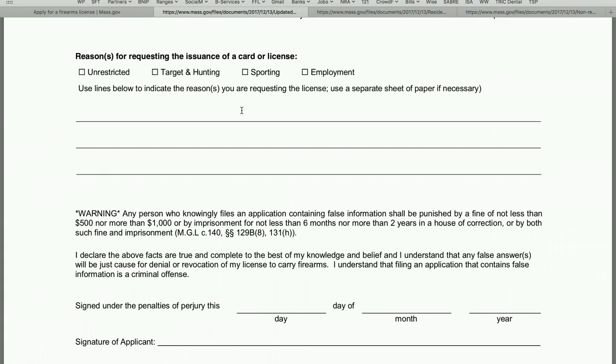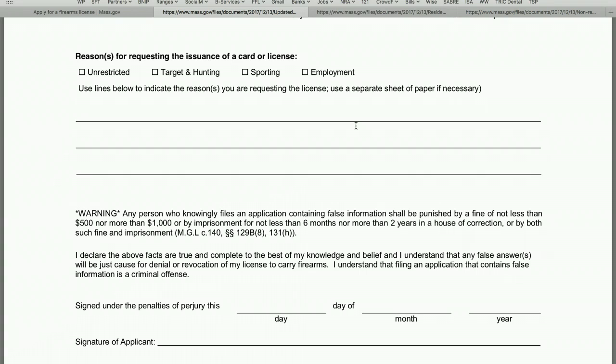If you carry large amounts of cash, so if you work at a job at like a bank and you gotta deposit something or whatever, a large amount of cash is gonna be a good reason for you. The other thing, if you own your own business, owning your own business is also another good reason for you to write down right here.